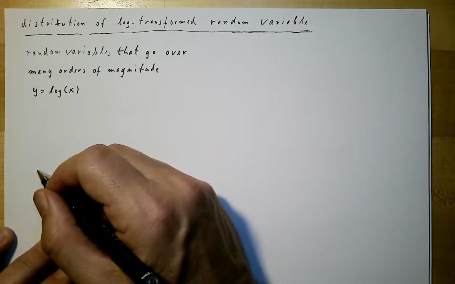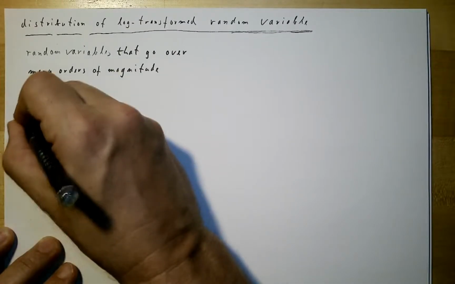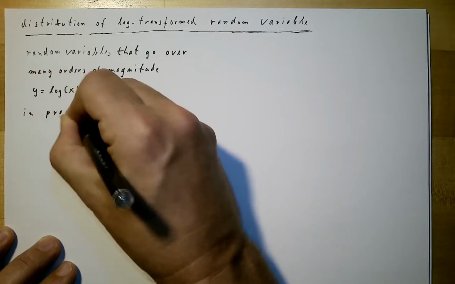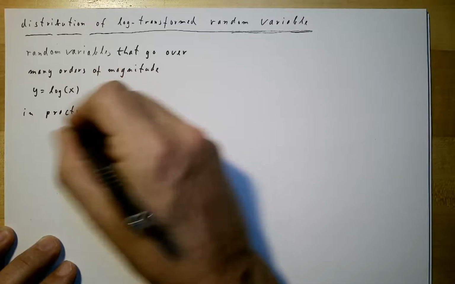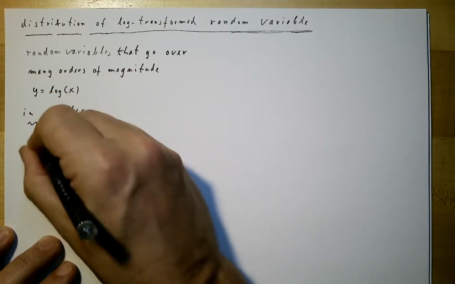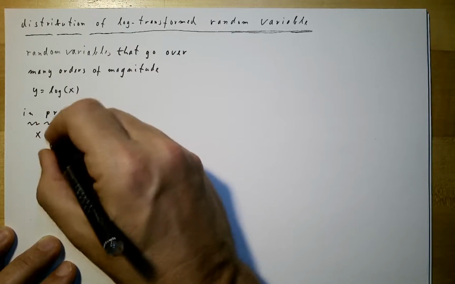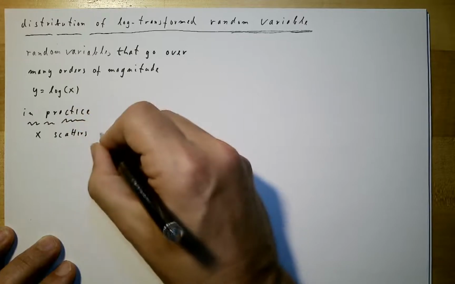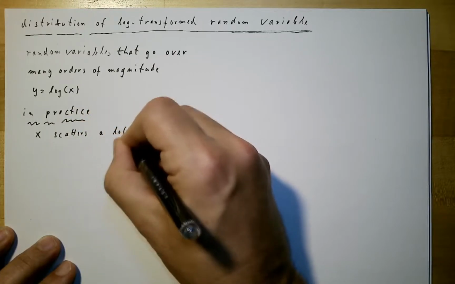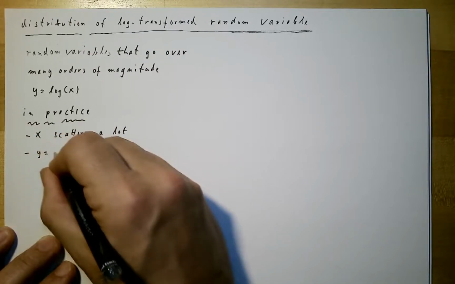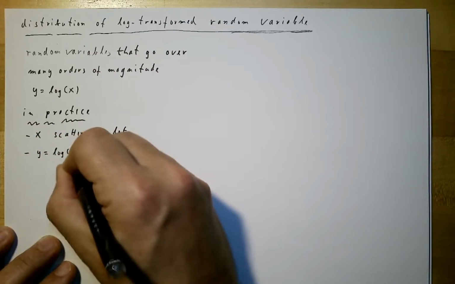So how does this work in practice? We have our x, this scatters a lot. Then in the next step we go over y equals log x.